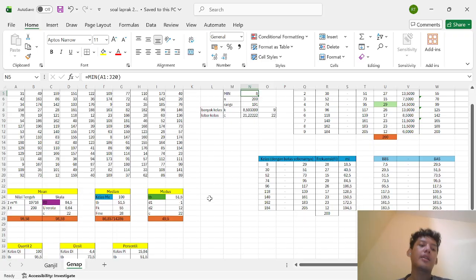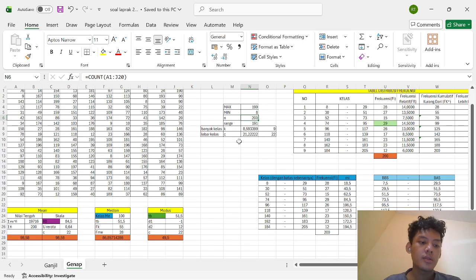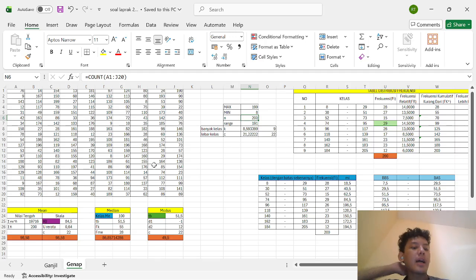The next step is calculating the total number of data using the COUNT formula. The COUNT function is used to count how many numeric data entries are available.